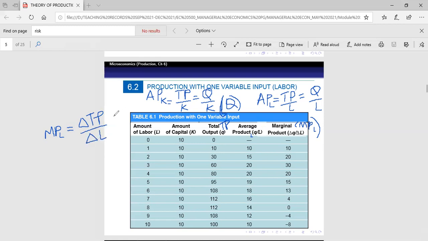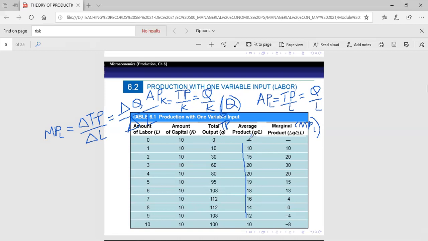Or it can simply be change in Q over change in L. So the average product of labor here that we are calculating will be total product, which is output, right?